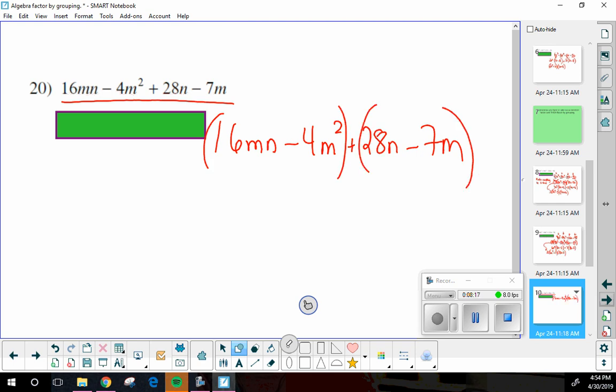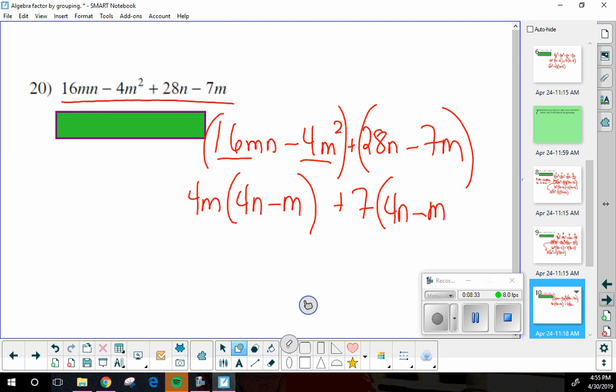And I see in these terms, I'll get 4m, 4n minus m. And then here, I will take a 7 out of there and land with 4n minus m. And so the answer to this is 4m plus 7 times 4n minus m.